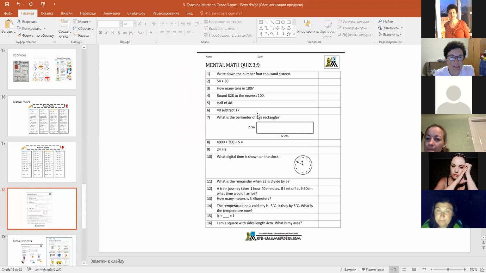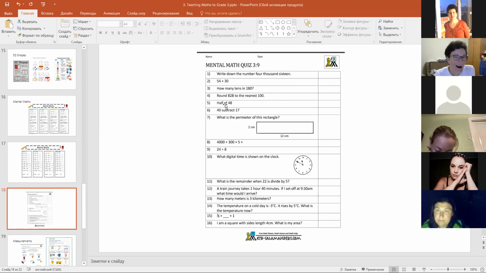And in salamander math, this is the rounding from salamander math. I also loved it. Like, write down the number 4016. It's already a different operation. You read and you write down the number. So then how many tenths?